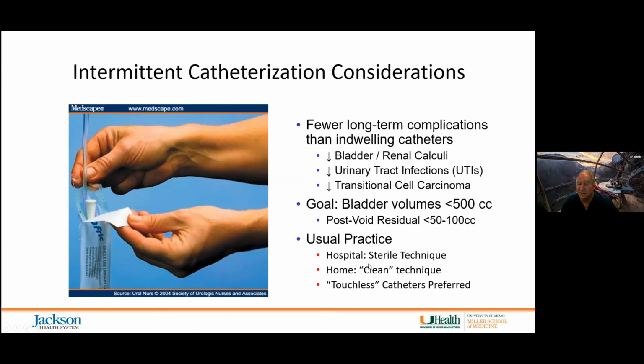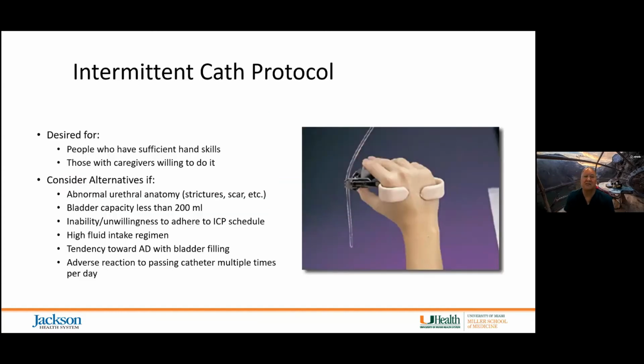Now we do have the touchless catheters, and those are ideal to, again, reduce the number of urinary tract infections. So this is desirable for folks who have sufficient hand skills and those with caregivers who are willing to do this. Now, what is sufficient hand skills?